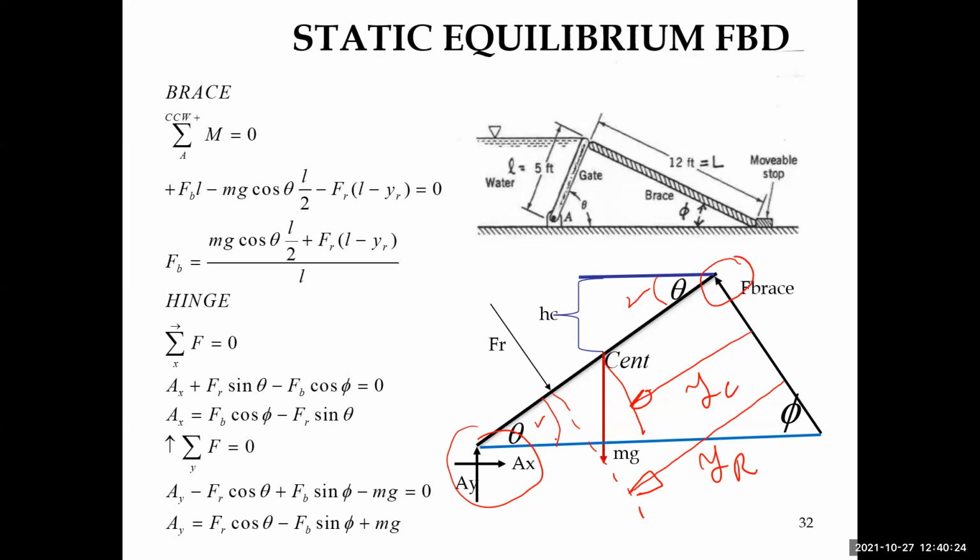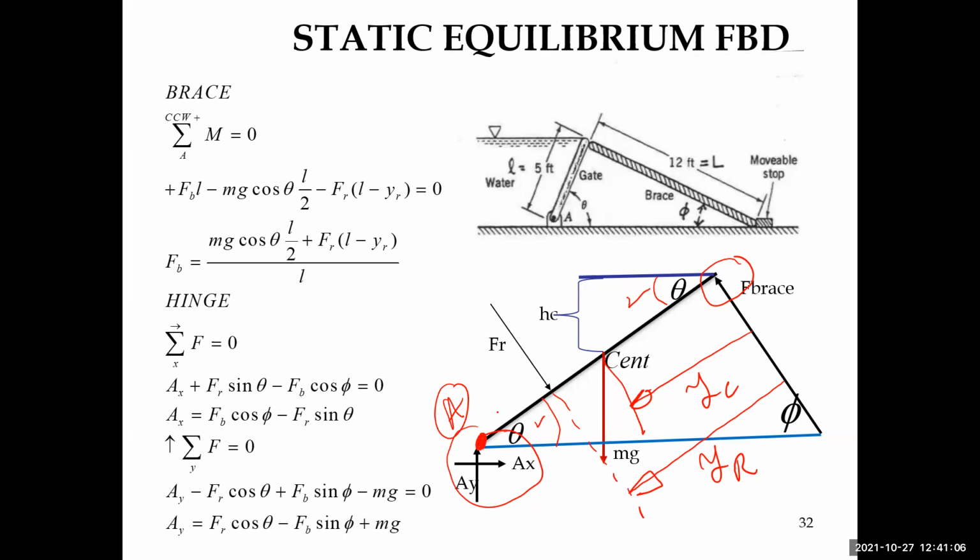So normally we want to take a moment first about some point. We can take the moment actually about any point, it doesn't matter. But if we're smart about our choices, our equations become simpler. For example, if I choose point A, I know that A x and A y are two forces that go through the point. So if a force goes through my moment point, those force components do not have a moment about point A. And so that may make sense because they are unknown components.